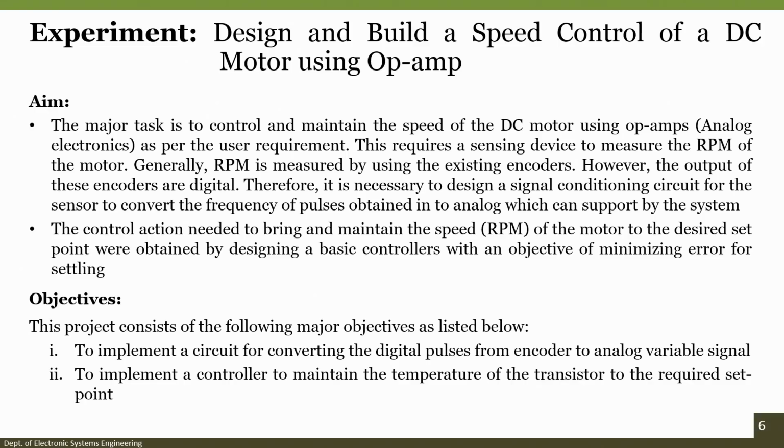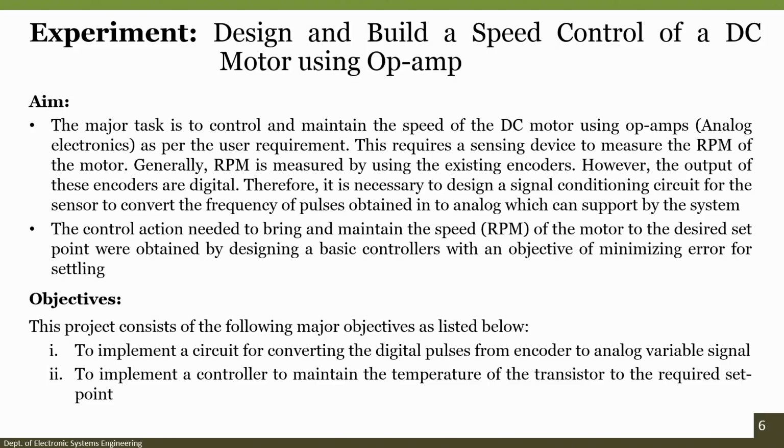First we will discuss how exactly the driver circuit looks, then the importance of having a signal conditioning circuit for the sensor, and how exactly we convert the digital pulses that we get from the encoder to an analog, linearly varying output that matches the input of your set point. Later on we will see the working of each controller, starting from the on off controller, P controller, and PI controller.